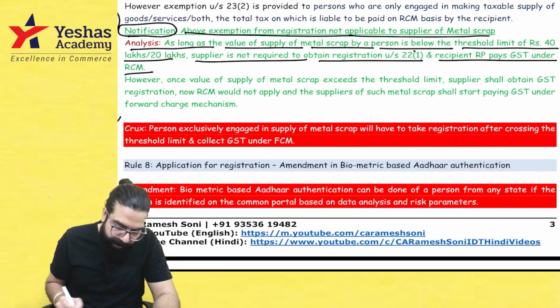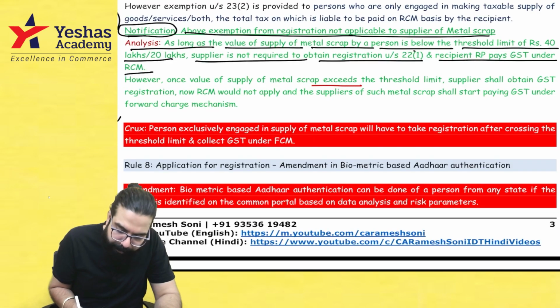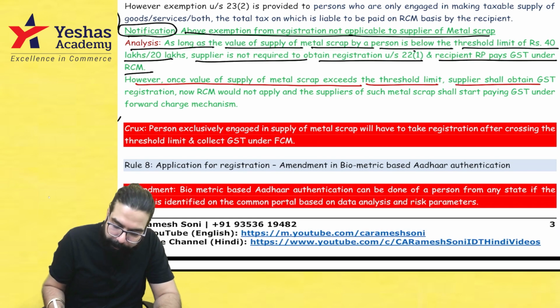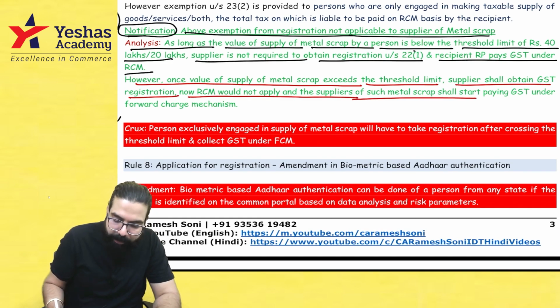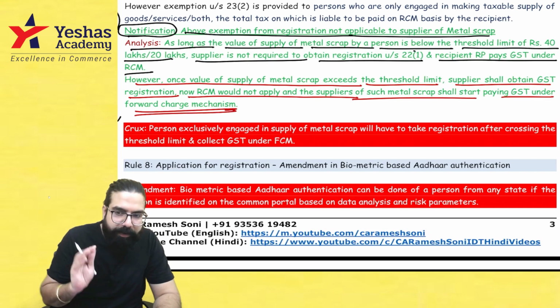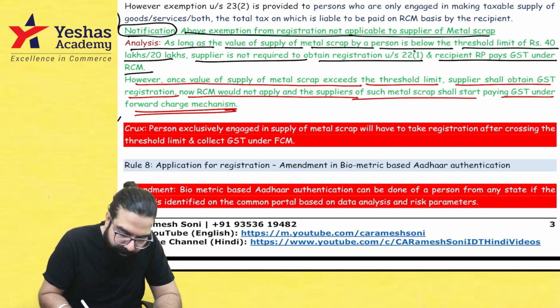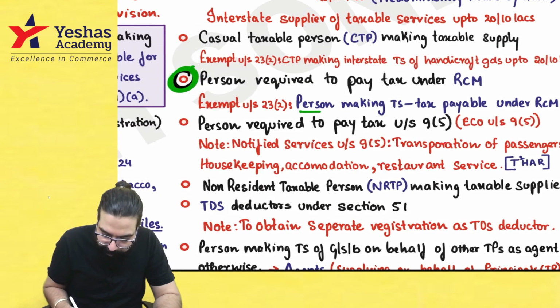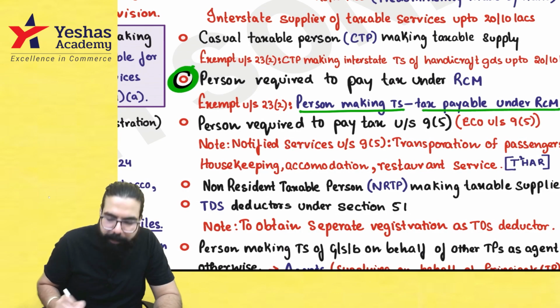Please remember this point, that once the value of supply of metal scrap exceeds the threshold, the supplier has to obtain GST registration and now RCM would not apply. The supplier will start paying GST under forward charge mechanism. So, sir, this exemption which was written, that a person making taxable supply, tax is always payable under RCM.